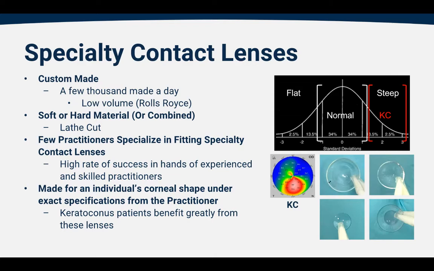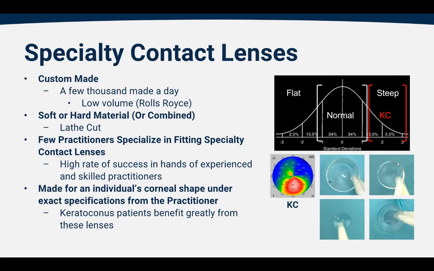If we take a look at the lens examples to the right, we can see that there is a 19 millimeter scleral lens on the upper left hand side, above a 9 millimeter gas permeable corneal lens, whereas off to the right in the upper right hand portion we have a custom soft lens for keratoconus, and below that a hybrid lens.